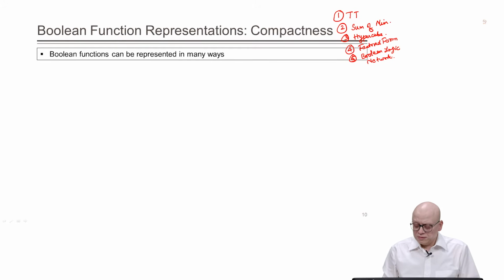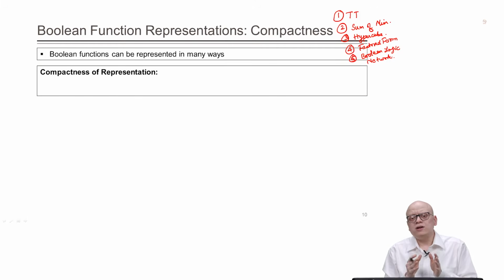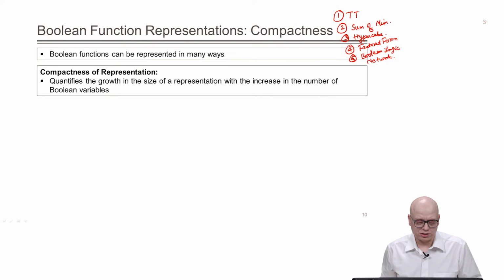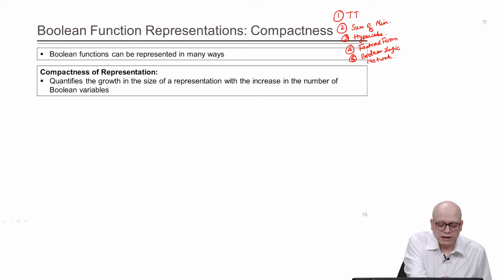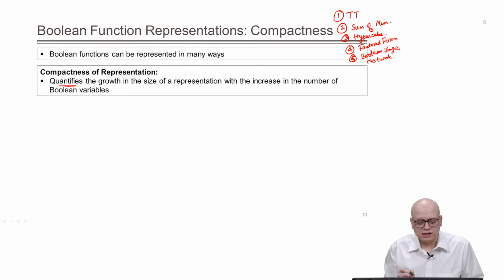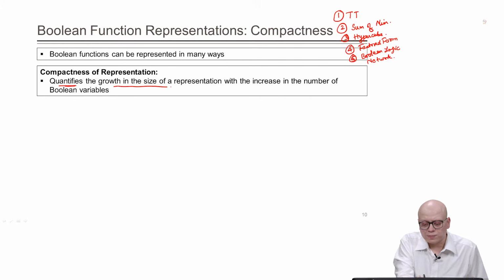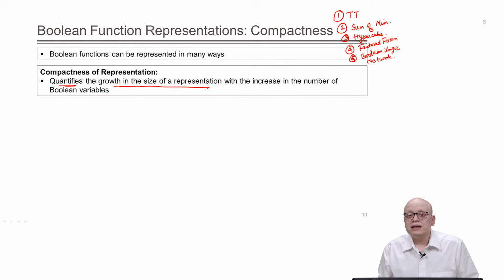Now, for these kinds of representations, a very important attribute is the compactness of the representation. So, what do we mean by compactness of a representation? Compactness of a representation basically quantifies the growth in the size of the representation with the increase in the number of Boolean variables.